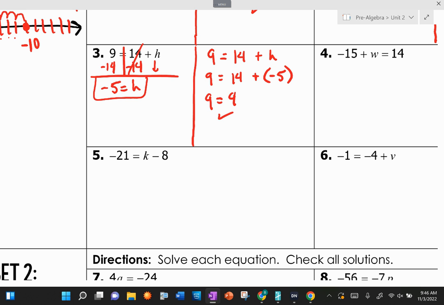Which side? I don't know which side to multiply. Do I put the 4 on this? I put plus 8 on both.